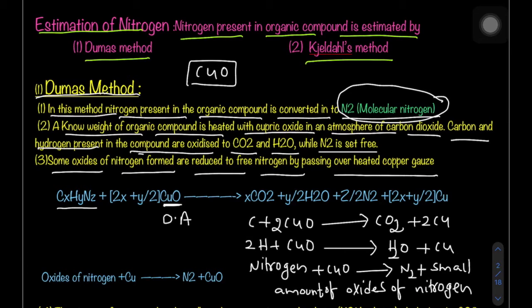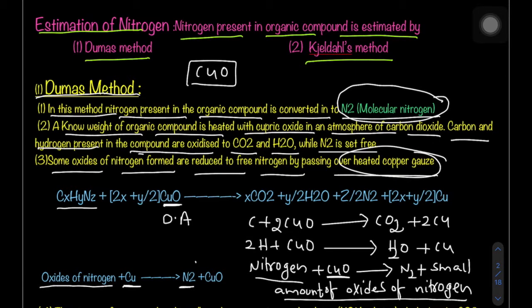Generally, nitrogen is a chemically non-reacting gas. If some part of the nitrogen combines with cupric oxide, it may form some oxides of nitrogen. So what we have to do is reduce these nitrogen oxides with hot copper gauze, so you will get free N2 gas.